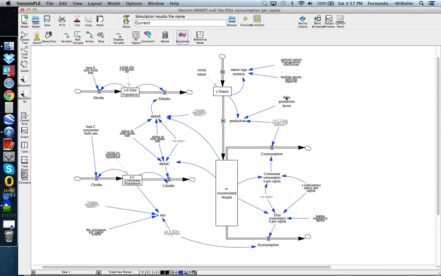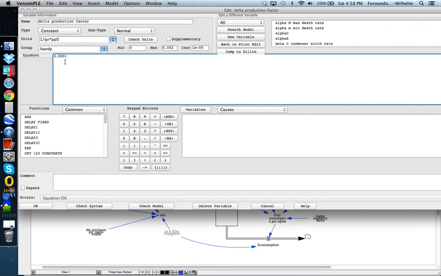In this case, the production factor that we used is one of the scenarios that's run in the handy paper. The value is, let's see the dialog box, I believe it's 10 to the minus 4. Yes, here it is. 10 to the minus 4 per year per people. So that's the value that's there.